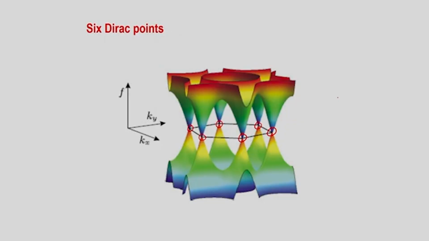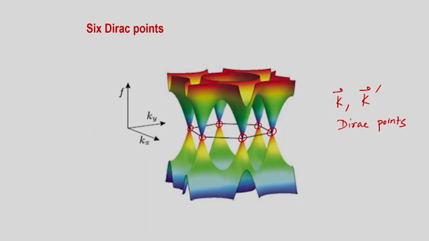And these independent points are called the K and the K prime points, and these are known as the Dirac points. The name came because the dispersion is Dirac like, in this case a massless Dirac form with linear dispersion. So, this is slightly non-trivial in the context of condensed matter physics.